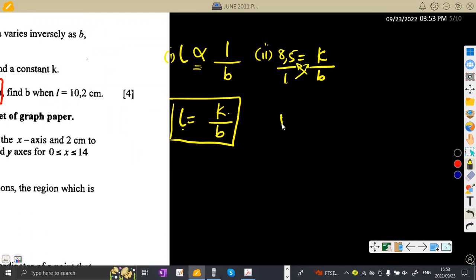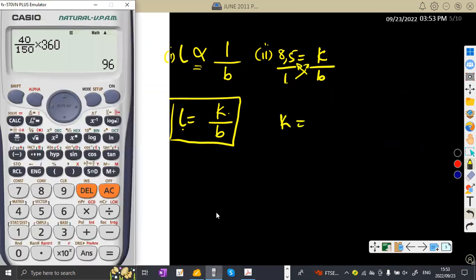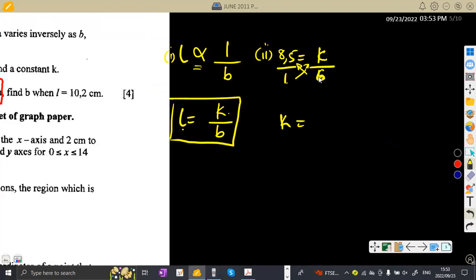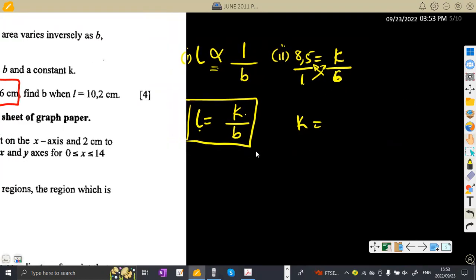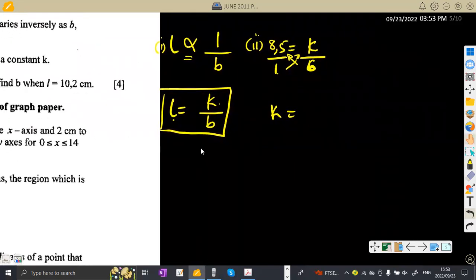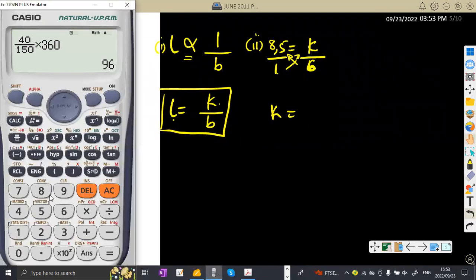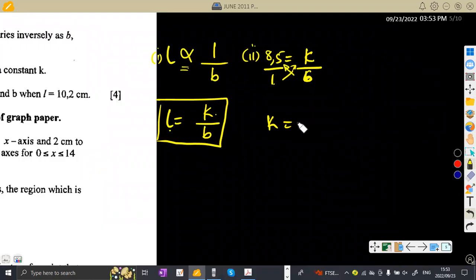That's 1 times K, so K is equal to 8.5 times 6. I'm writing B, but it's 6 there. Remember, our B was 6. So 8.5 times 6 gives us 51. That is the value of K.